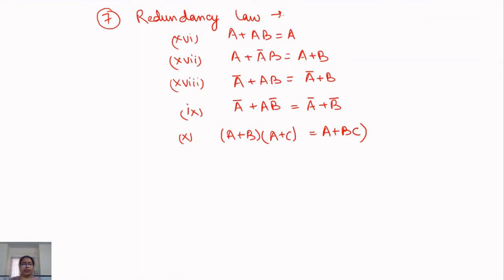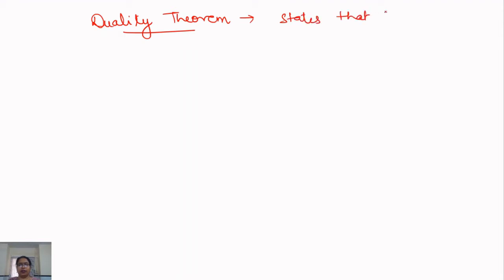Next comes the duality theorem. The duality theorem states that we can derive another Boolean relation.